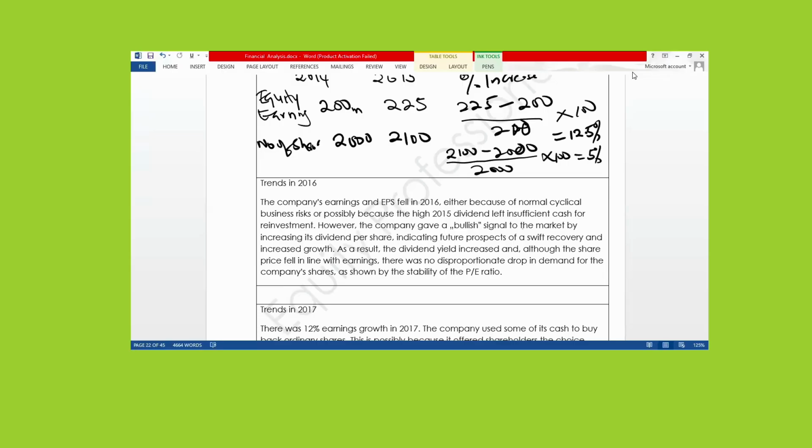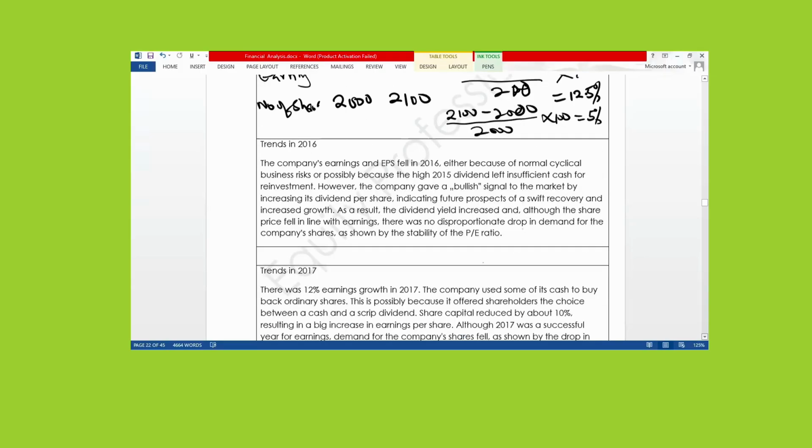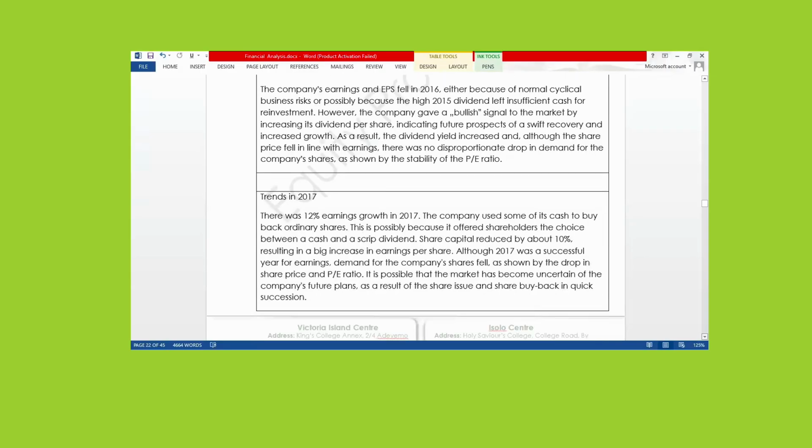I think you can look at the last one. Trend in 2017. You are going to compare 2017 with 2016.